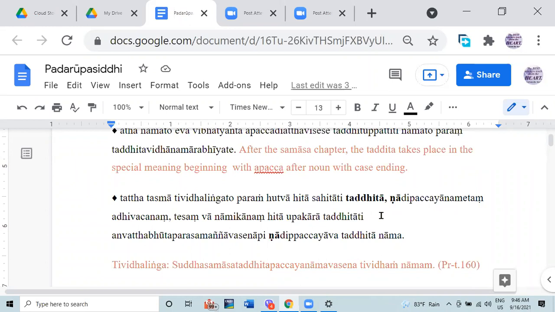It's also not definitely sure. Another variation is the ka suffix in Taddhita also. We have the ka suffix, sometimes with meaning, sometimes without meaning. It's called sakata.